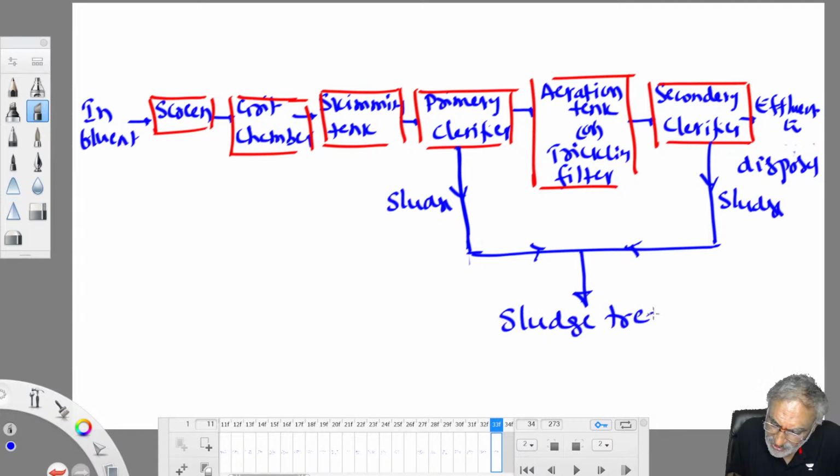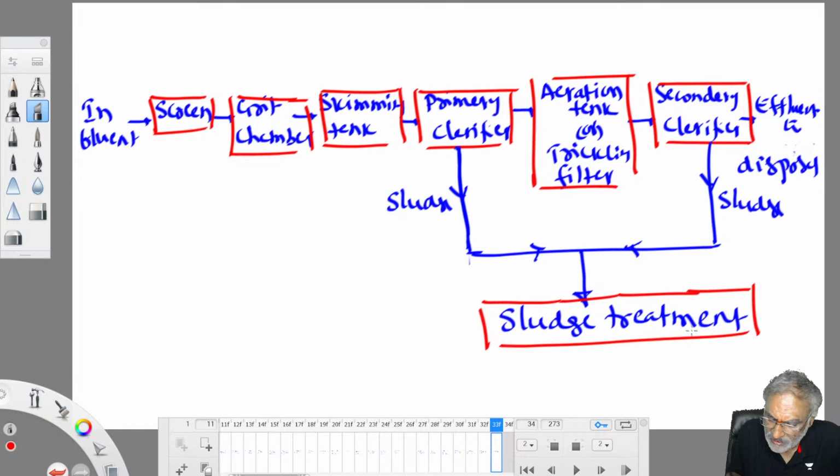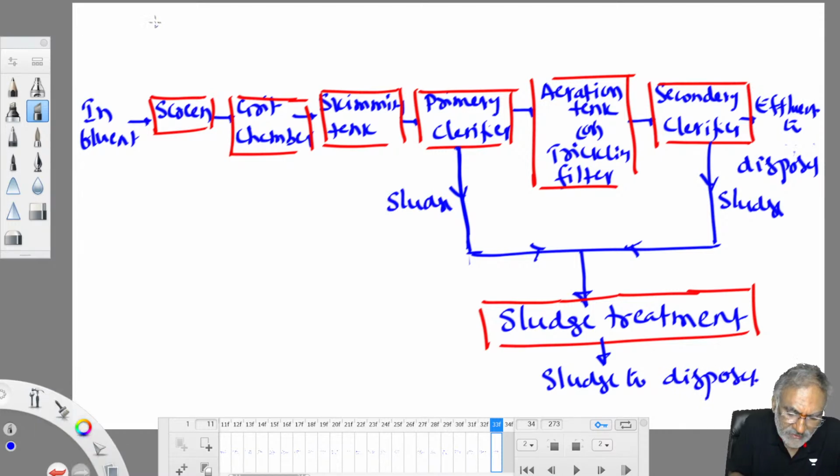This is called sludge treatment. Sludge is thoroughly treated prior to disposal. Treated sludge, we dispose. That's all. This is the complete municipal wastewater treatment system.